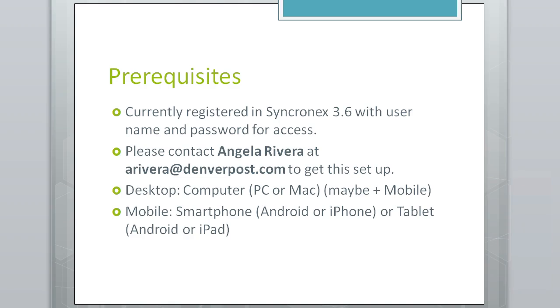If you're going to be a desktop user, then you should have a computer and probably a mobile device too. The computer can be a PC or a Mac, and the mobile device can be a smartphone, Android or iPhone, or tablet, Android or iPad.